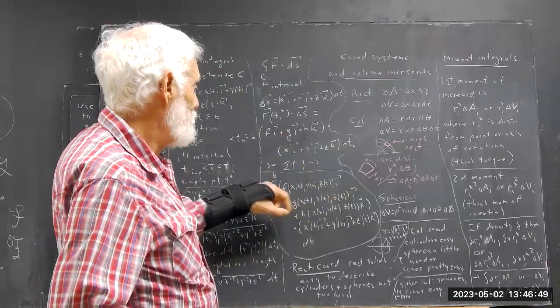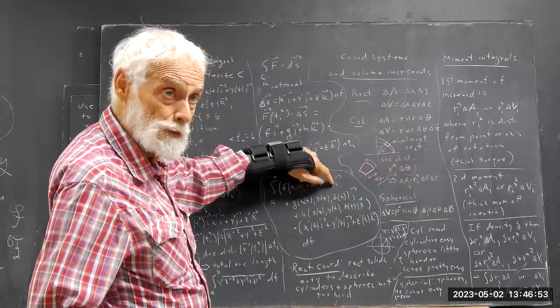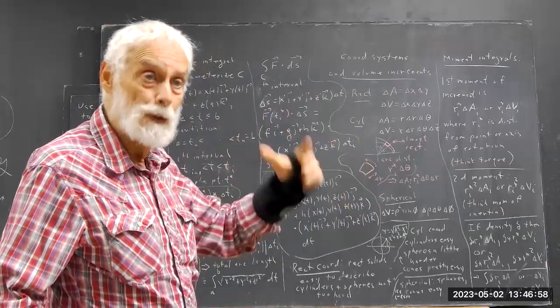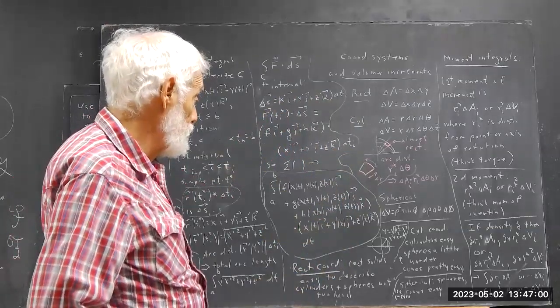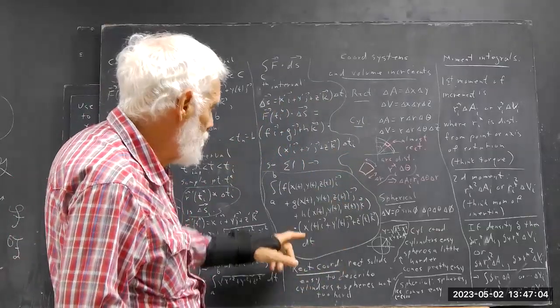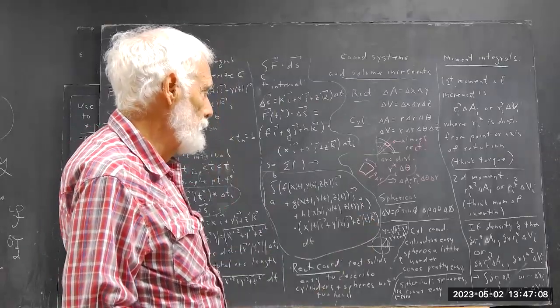So F1 is really a function of x, y, z, and x, y, and z are parameterized in terms of t, by x of t, y of t, z of t. There it is. And then the same thing here, the same thing here. And we get that with x prime of t i plus y prime of t j plus z prime of t k.